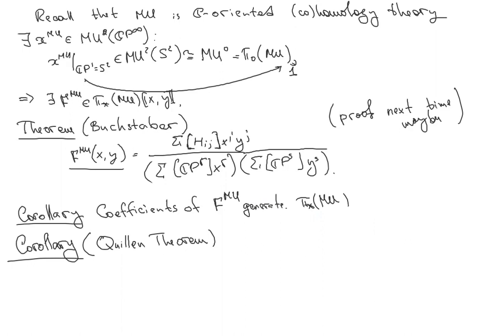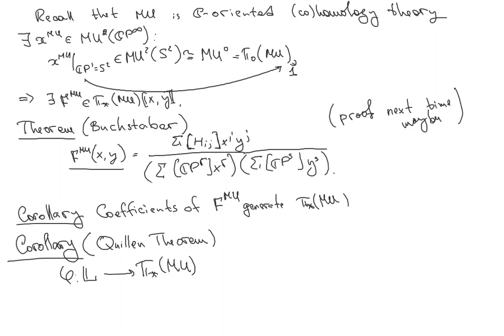The second important corollary is Quillen's theorem, which states that since this is a formal group law, there should be a homomorphism from the universal one to pi star of mu.